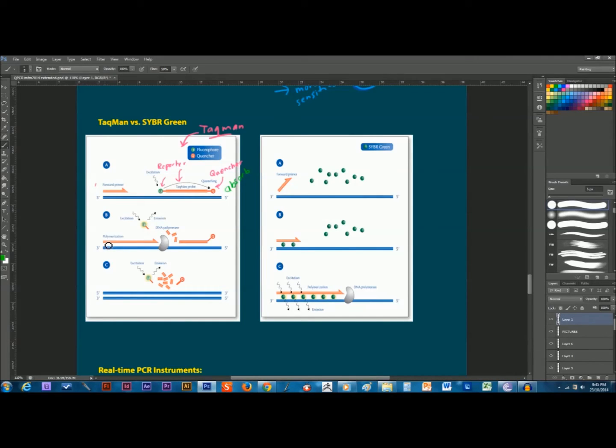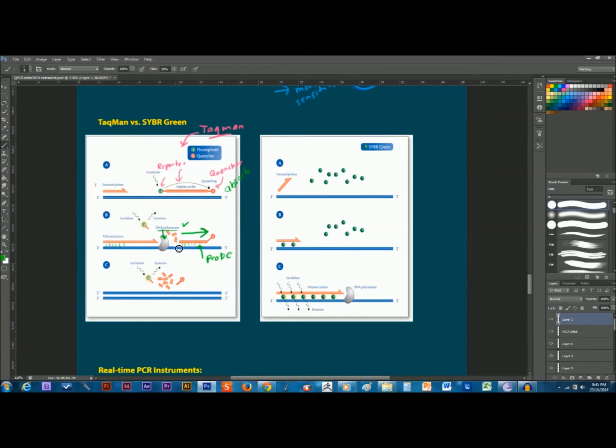So what happened here? During the annealing step, the forward primer and the reverse primer bind to the single-stranded DNA, as well as the probe, the DNA sequence with the probe. During the extension process, DNA polymerase will elongate the DNA strand until it reaches the probe. The DNA polymerase has a mechanism called exonuclease activity.